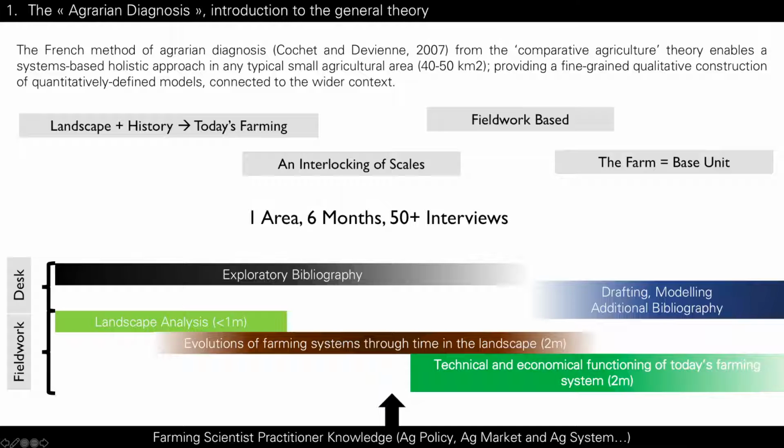You connect the landscape that you have at play and what people can have access to, combined with how it influences the history and evolution of farms, and what kind of opportunities people have had access to, to get to how today's farm ecosystem functions from a technical and economic point of view, all through interviews and fieldwork analysis.